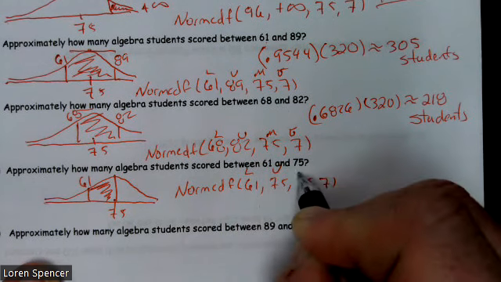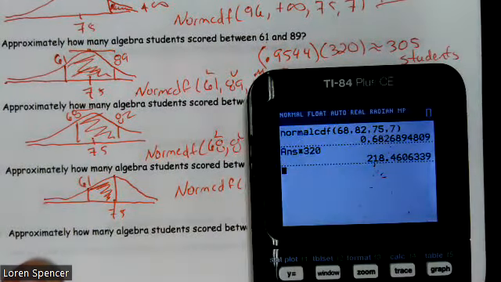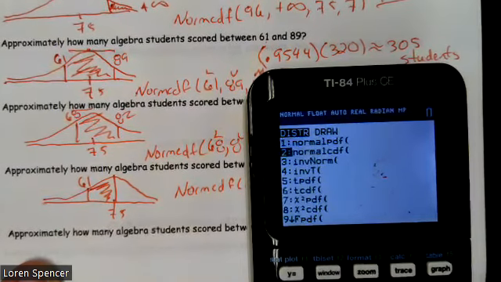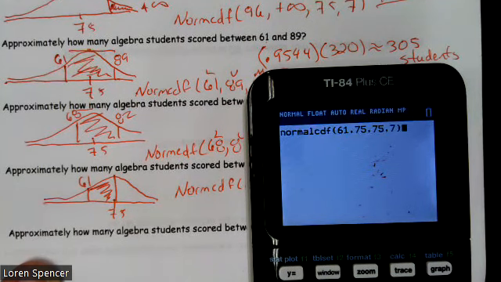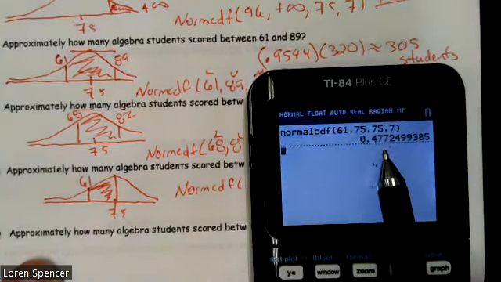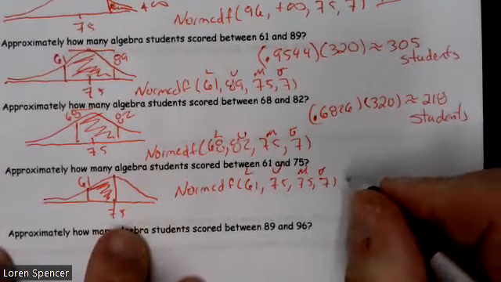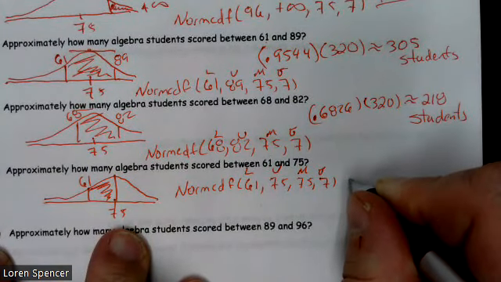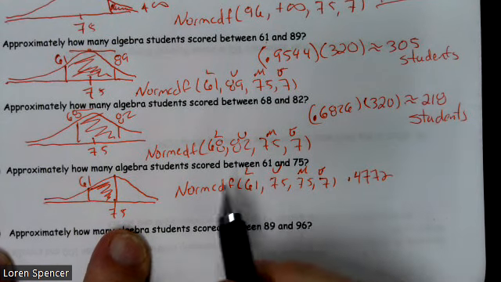Lower, upper, mean, standard deviation. Second vars, normal CDF. 61, 75, 75, 7. And we get about 47%, which is incidentally about half of 95. So 0.4772, that's my probability.